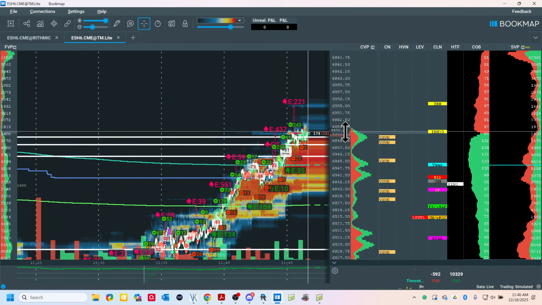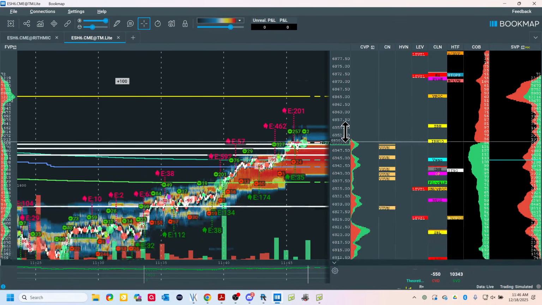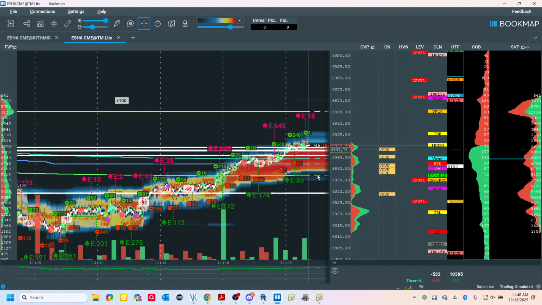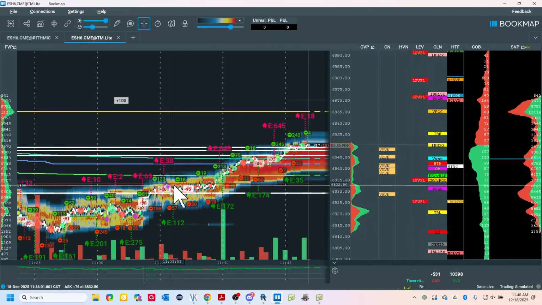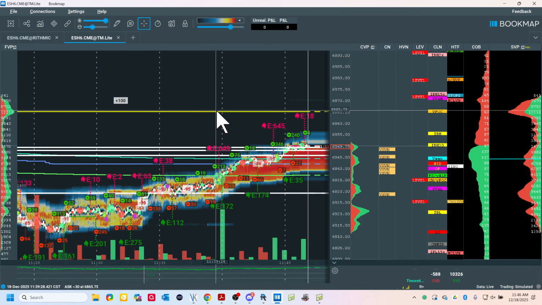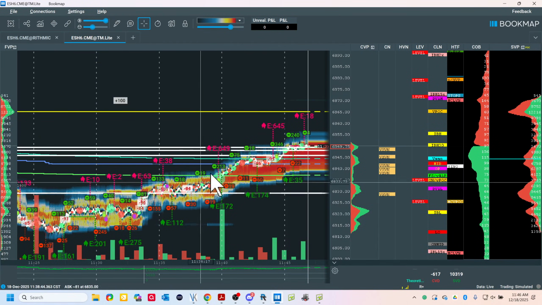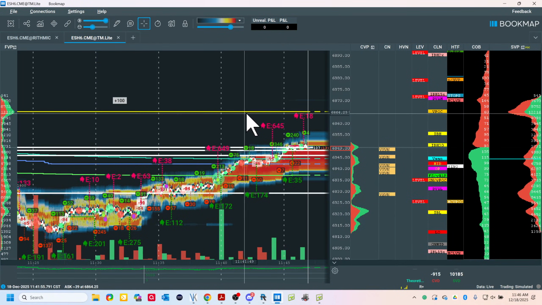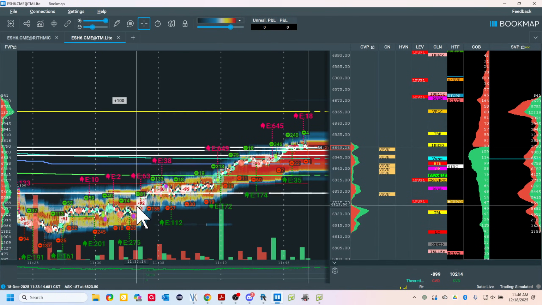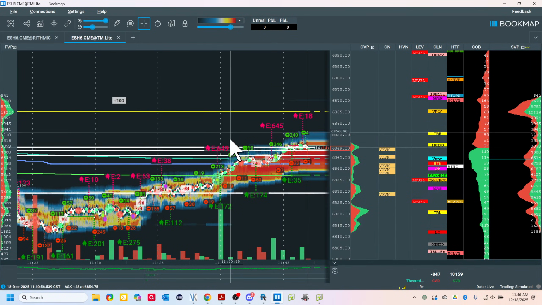Let's see what this looks like. So this is the fair price. So it looks like we may come back here. It's not a recommendation. Some pretty nice range in here.